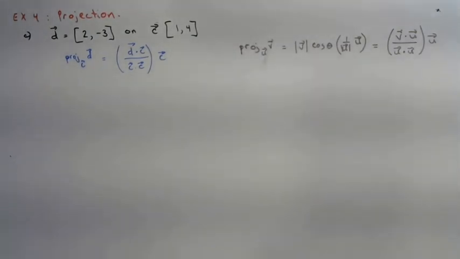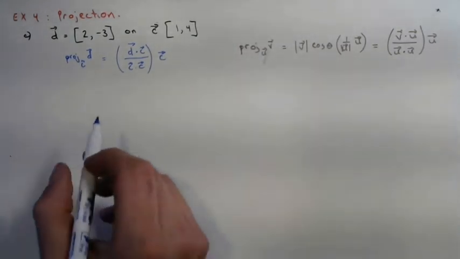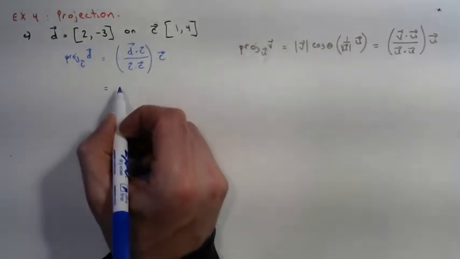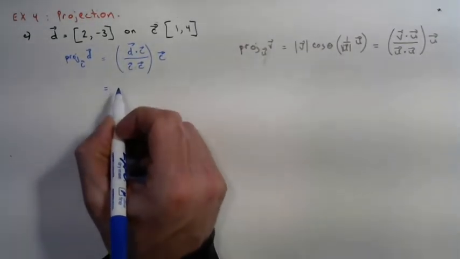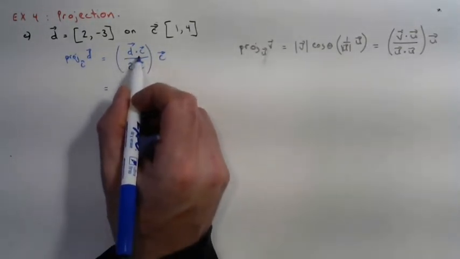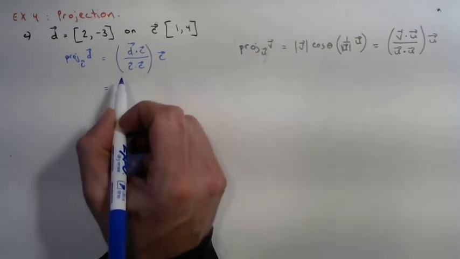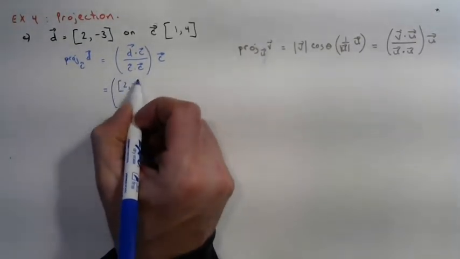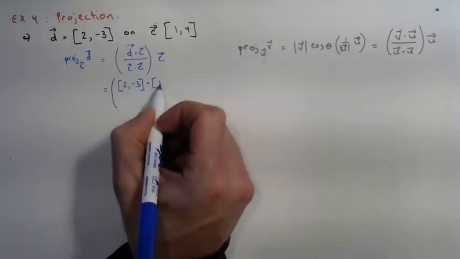And from here, I get to sub in what I know. So if I'm taking the dot product of DC and CC, then in the top, we have the dot product of 2, -3, and 1, 4.